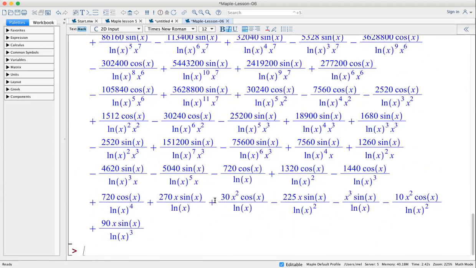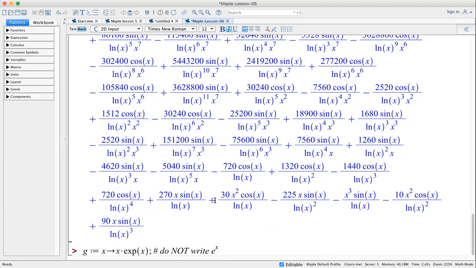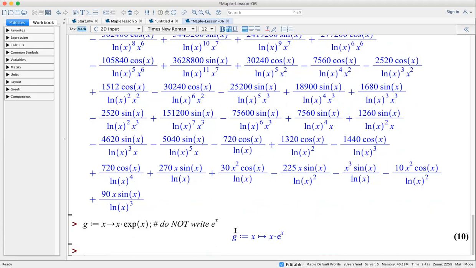Let's define a new function. I'll call it g. g will be the function x goes to x times e to the x. The way you write the exponential function is exp of x. Do not write e to the x. That's wrong. So this is my function.